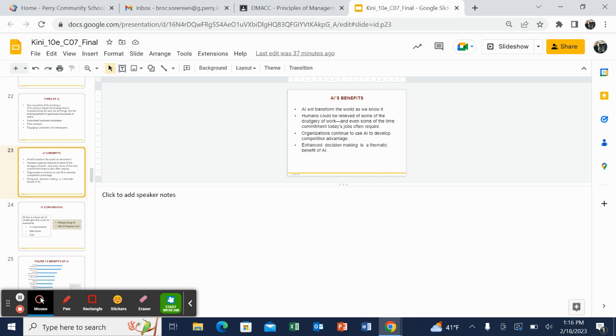So, AI benefits. AI will transform the world as we know it, and I think again the 2020s especially are going to be a big decade for AI, and whether or not that's good, bad, or indifferent, ultimately we'll get to see. Humans could be relieved of some of the drudgery of work, and even some of the time commitment that today's jobs often require.